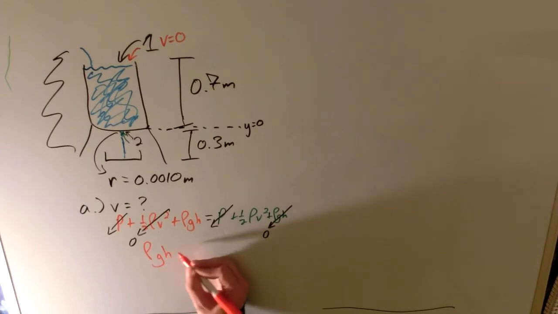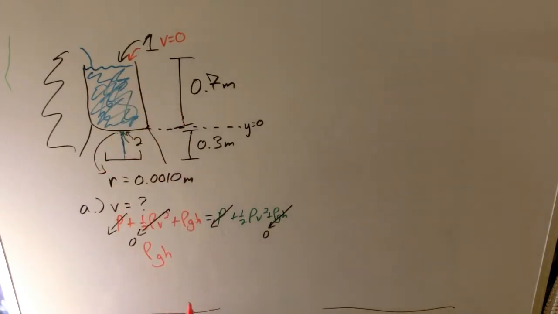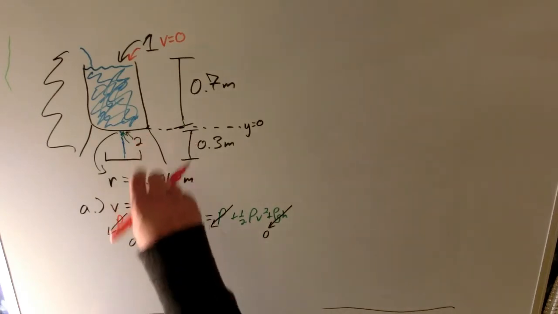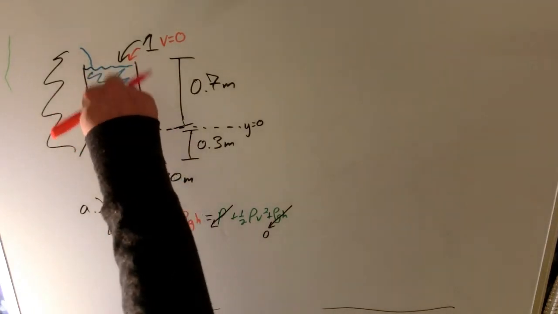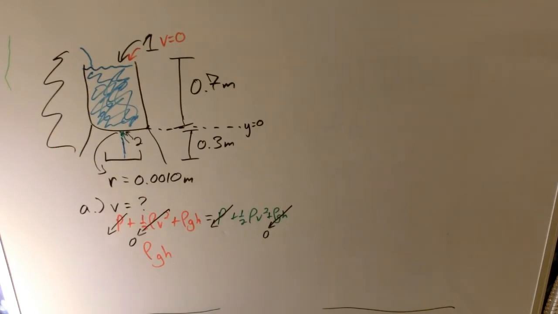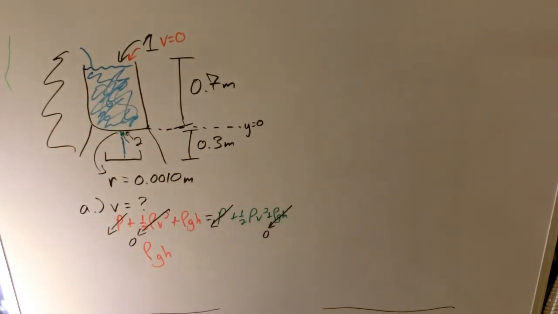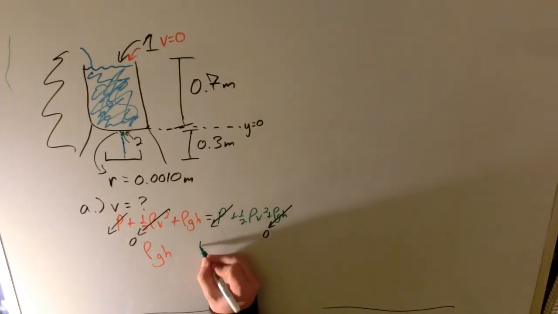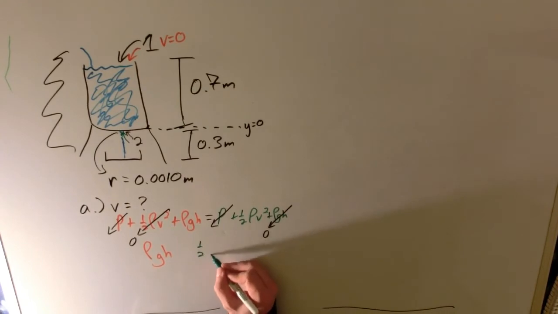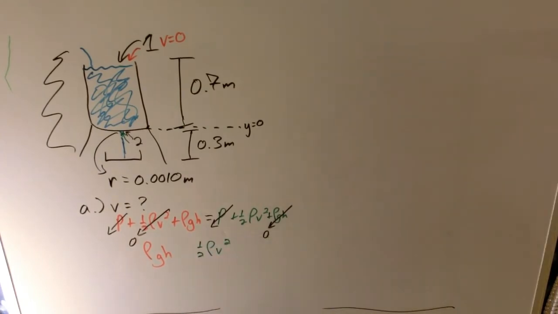We'll end up with rho gh, so potential energy that we have from up here. In this case, it's a little modified because what's actually happening is this is keeping track of the energy associated with water pushing down here, that's going to then be translated into a water pressure that pushes this water at the bottom out, 1/2 rho v squared.